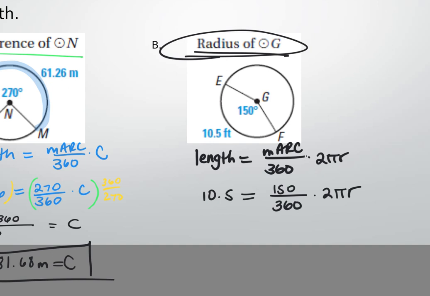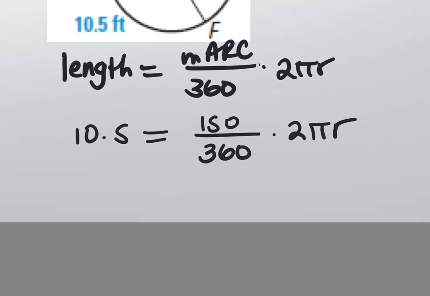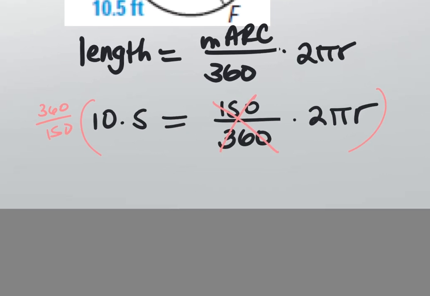How do I isolate the r? Multiply everything by 360 over 150. So that's gone. And 360 times 10.5 divided by 150 is 25.2. And then how do I isolate the r? Divide by 2.